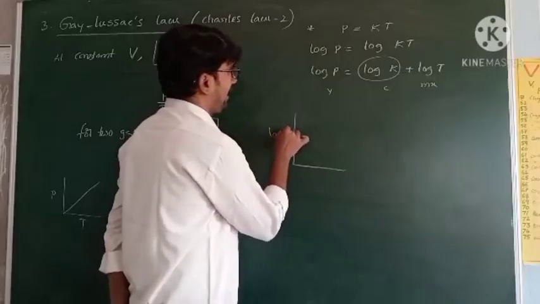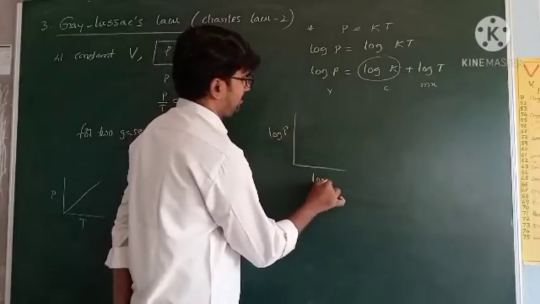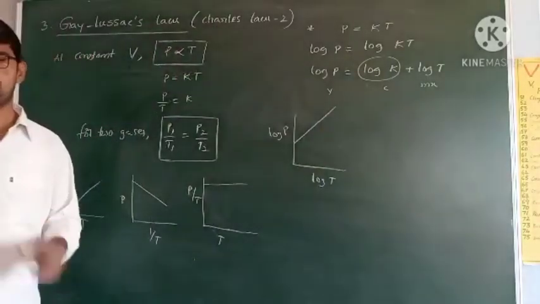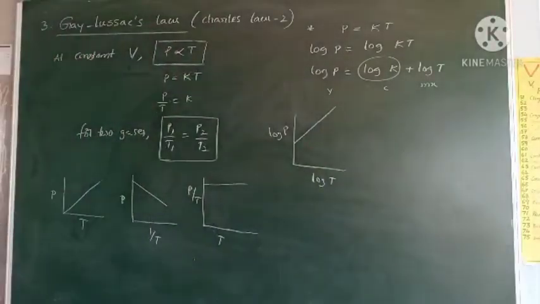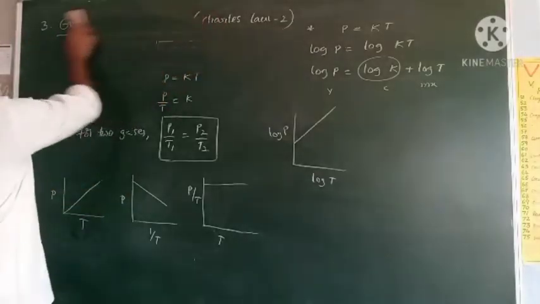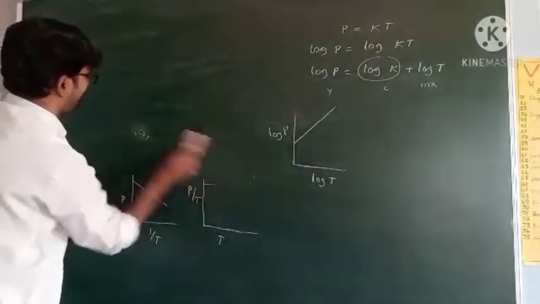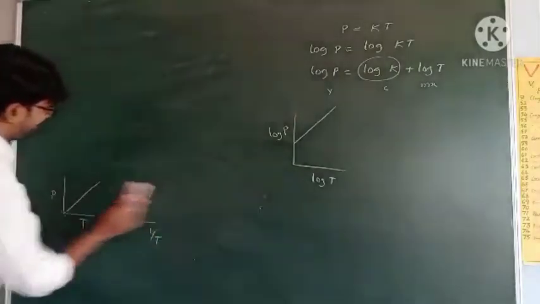Log P and log T. This type of graph is coming. Okay, sir? I think it is very easy. Next one, for experimental verification, the same model is coming for Charles 2 also. What is that experimental verification?